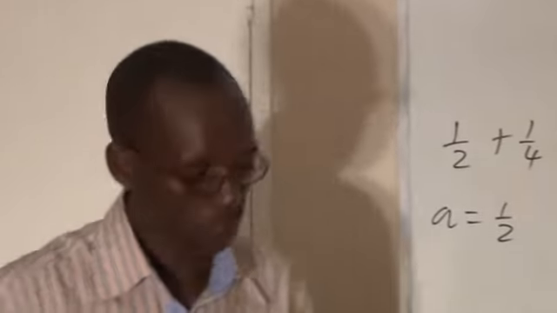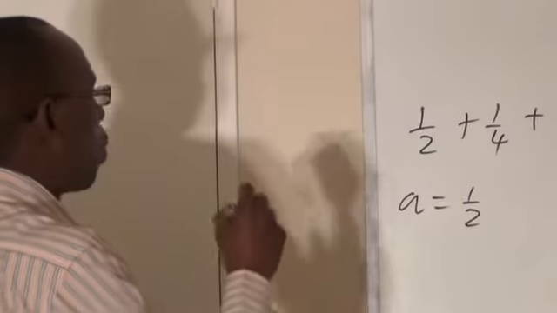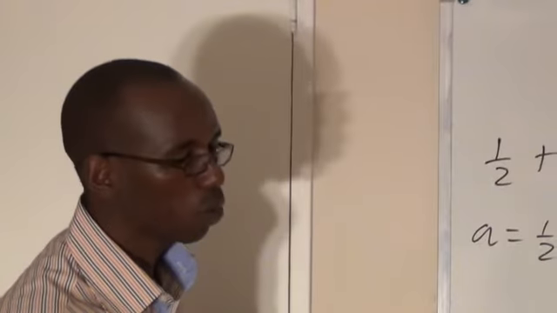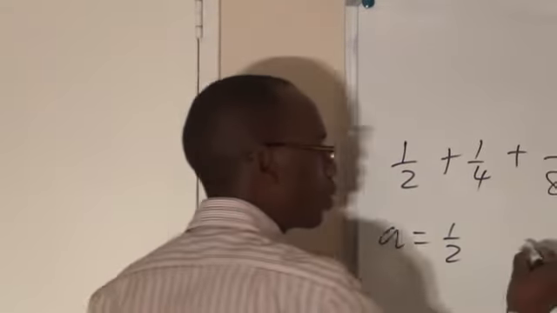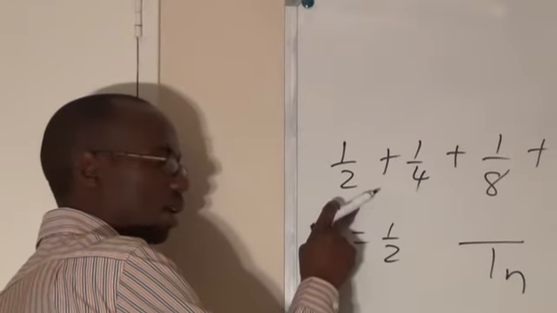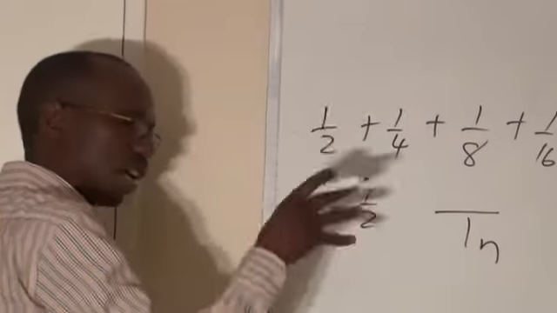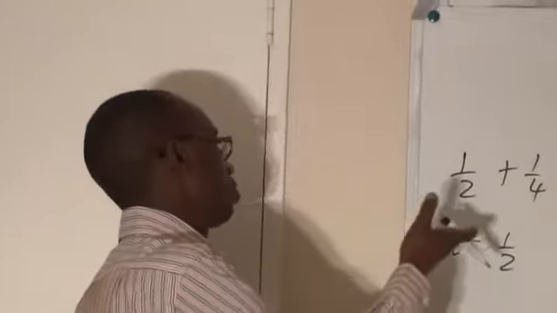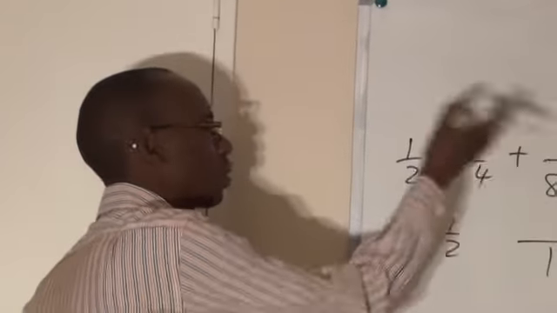Correct? Good. Now, you also notice, if you want to find our common ratio, how do we do that? We've said that we find our common ratio simply by taking a term, dividing it by its predecessor, and then we see if that ratio is actually a constant. So let's pick up all the terms that we have there.